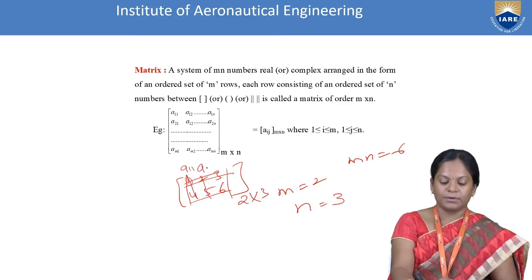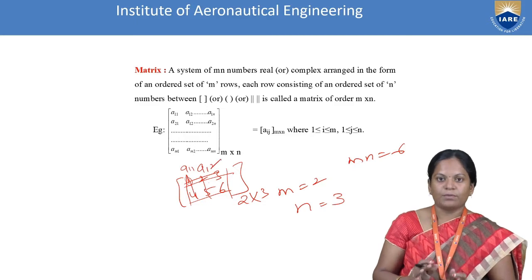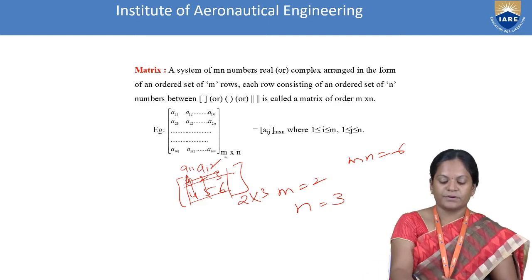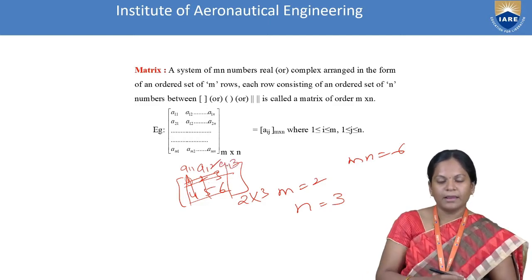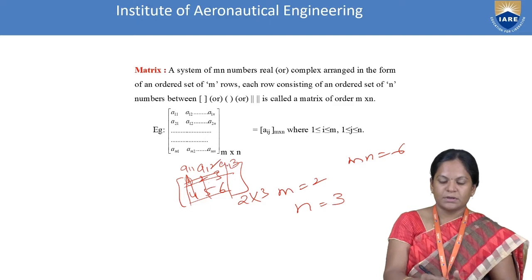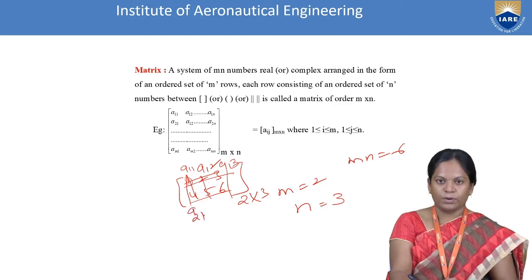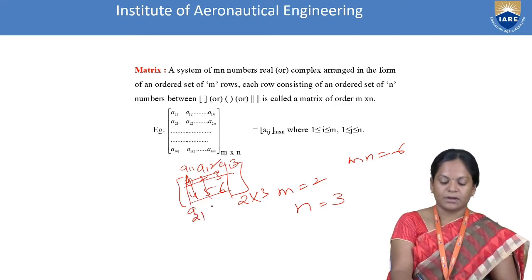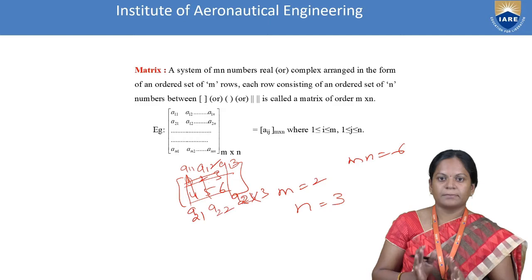Similarly, the second value is A12, which is the first row, second column value. The next one is A13, the first row, third column element. Similarly, in the second row, A21 is the second row, first element. A22 is the second row, second element. And A23 is the second row, third column.